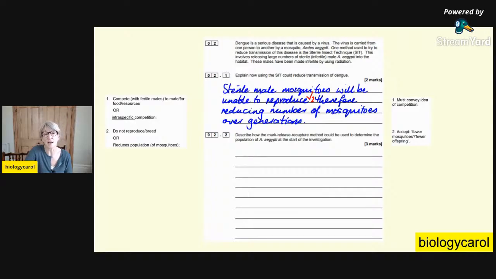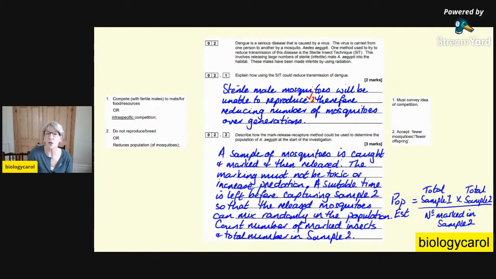Describe how the Mark-Release-Recapture method could be used to determine the population of the mosquitoes at the start of the investigation. Here we are, just going through the Mark-Release-Recapture. Notice that we have to describe the method to the point of determining the population size.